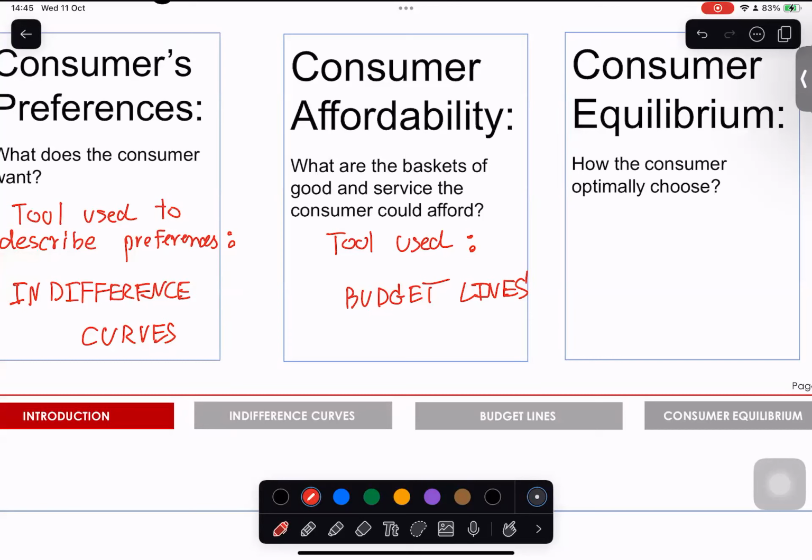And room number 3: given the preference, given affordability, how a rational consumer chooses his best. We bring IC and budget line together to understand him, IC and BL together.